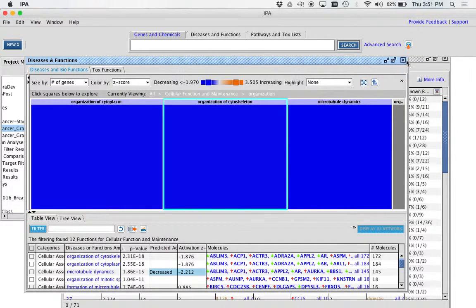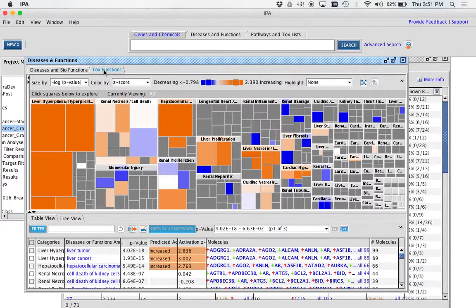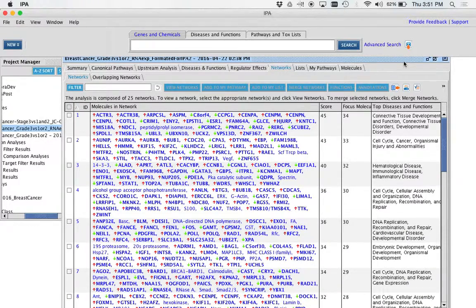Okay. Click here. We can actually go to tox functions and look at things that might be associated with that. I'm going to tell you right now that there's obviously a lot of people doing cancer research. So a lot of software is kind of geared towards cancer, that it's kind of overrepresented with cancer. Usually when I see cancer, it just means either the cells are dividing or differentiating, or it's usually a differentiation state difference.